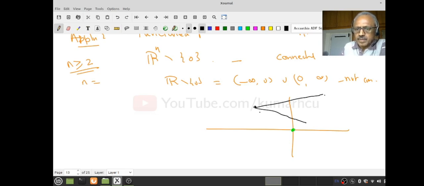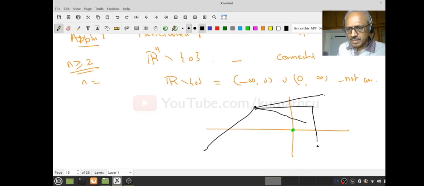Do you see that? Now suppose it's exactly like this here. What will I do? In that case, I will go here and come here. And similarly, if it is here, I'll go here, I'll join this.